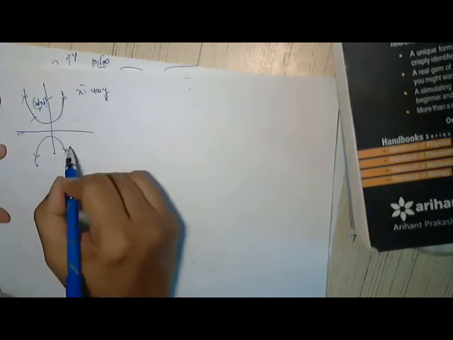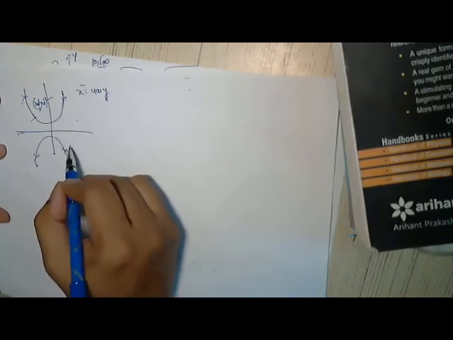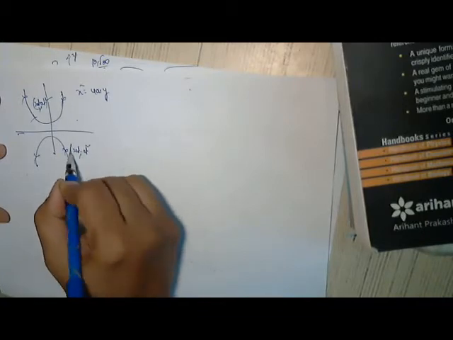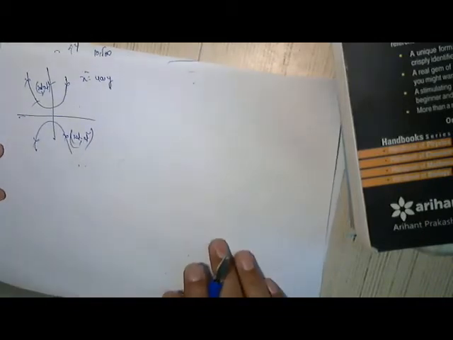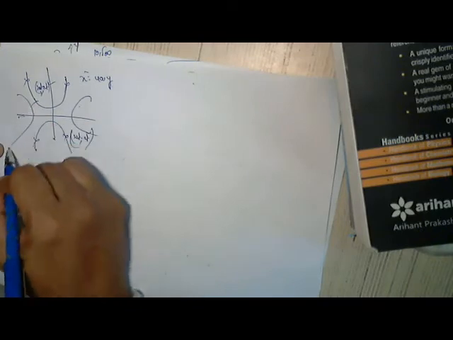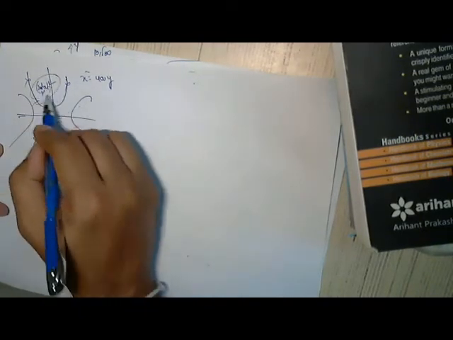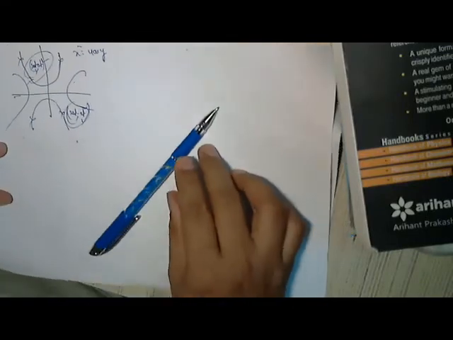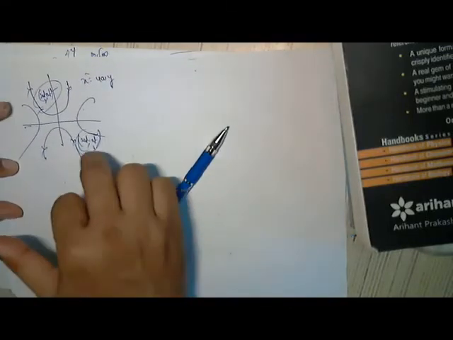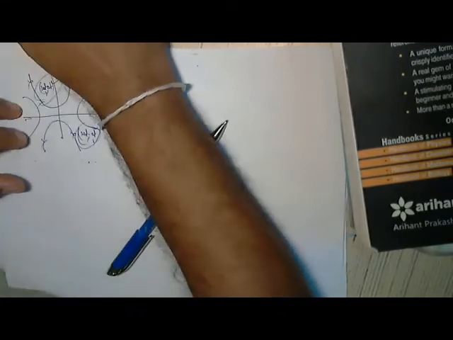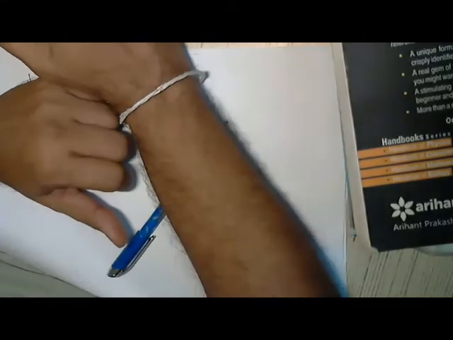For the downward opening one, the point is 2at, minus at square. So this is the parametric form. Many problems are easy to deal with using the parametric form. We will see in the solved examples how this parametric form is more useful than the x, y system. Certain problems we have to solve using parametric form.